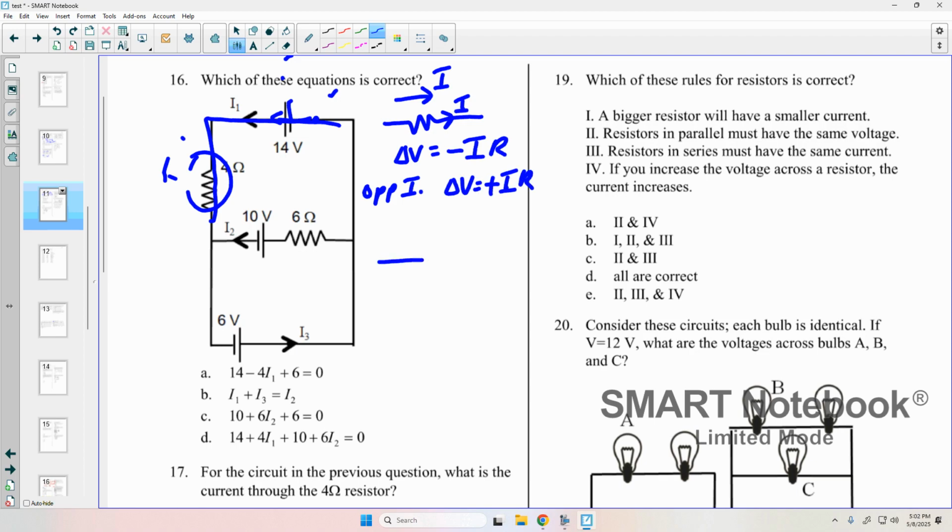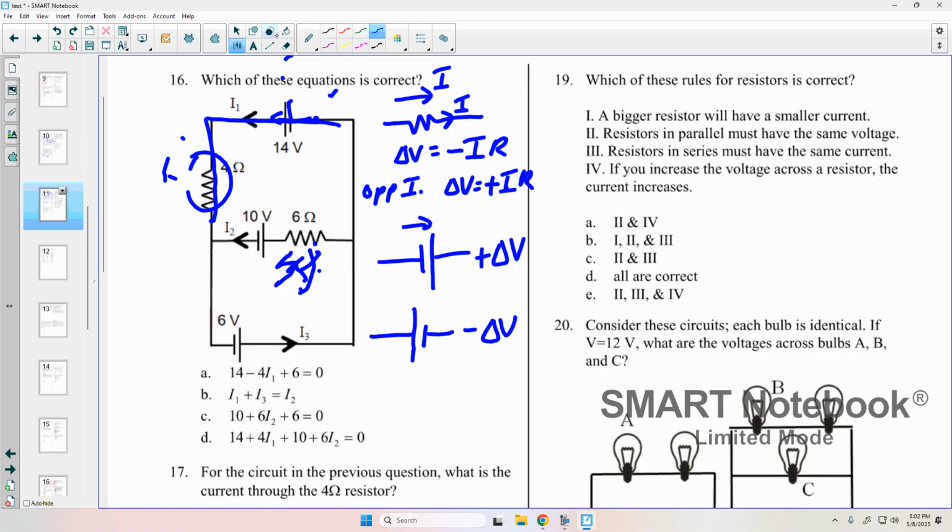For batteries, if I'm going in this direction, my traveling direction, it doesn't matter about the current. The current is unimportant. That has a positive change in potential. And if I'm going the opposite direction, from high to low, then that is a negative change in potential. Go back and review those rules because they are important for this question in order to know the correct equations.